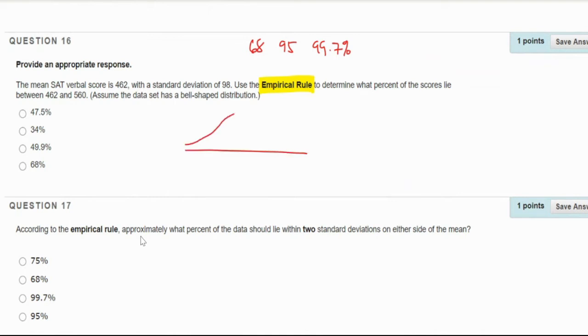When you're taking your test, let me advise you, because this is more like an open book also, have that chart with you. There's a chart that we did in class. Let me do a better drawing.